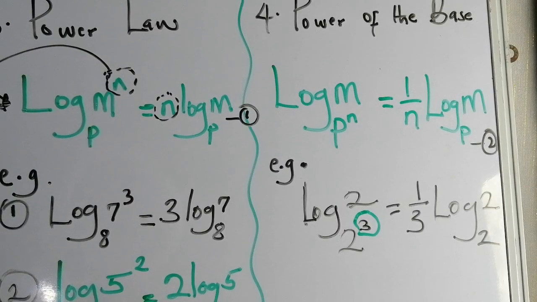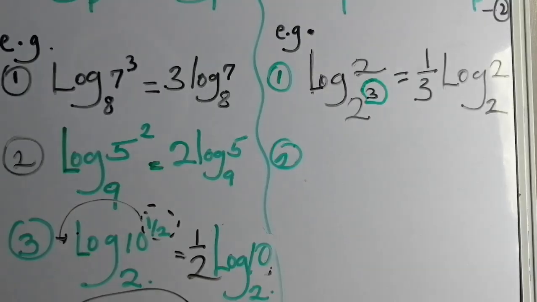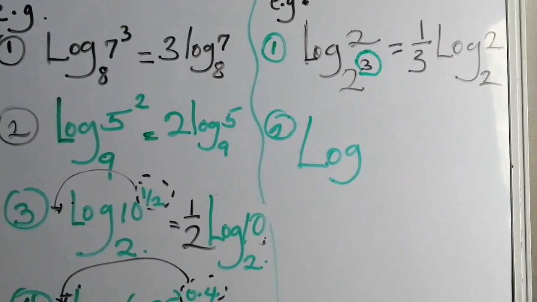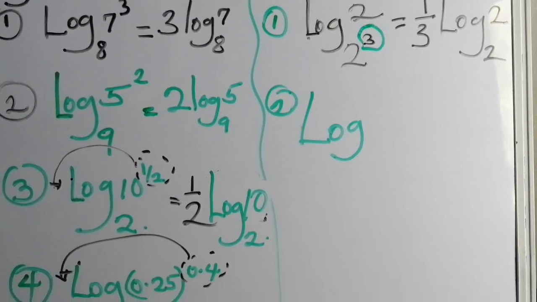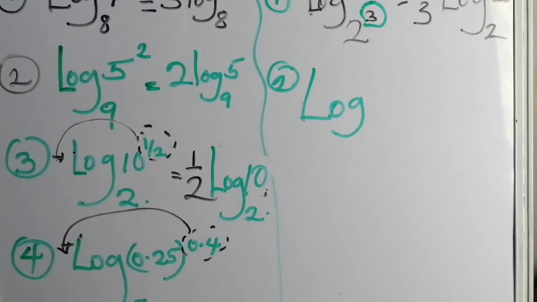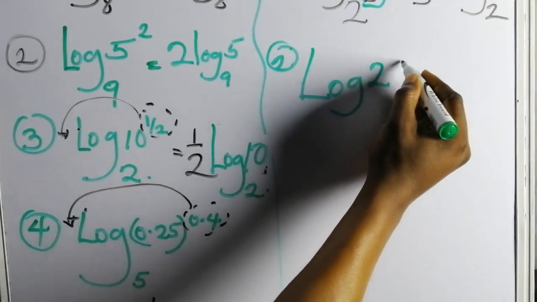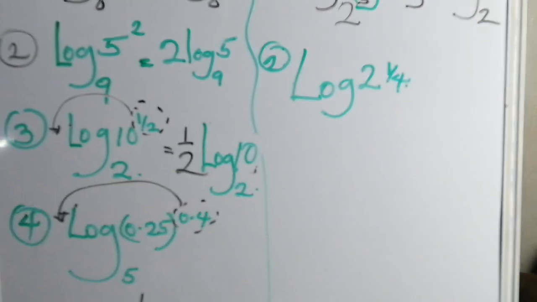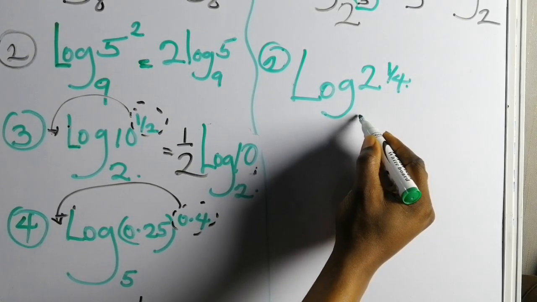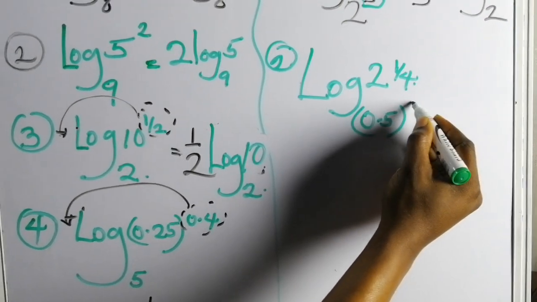We can also give another example. This is example 2. It can be any value, it's not compulsory that it has to be 2. It can be decimal, it can be fractions. Let's say log 2 whole number 1 over 4, base 0.5, all raised to power half.